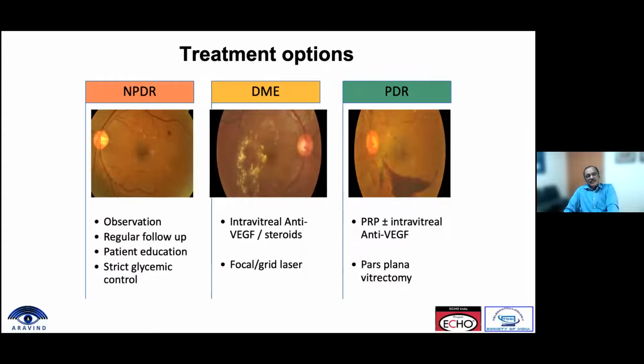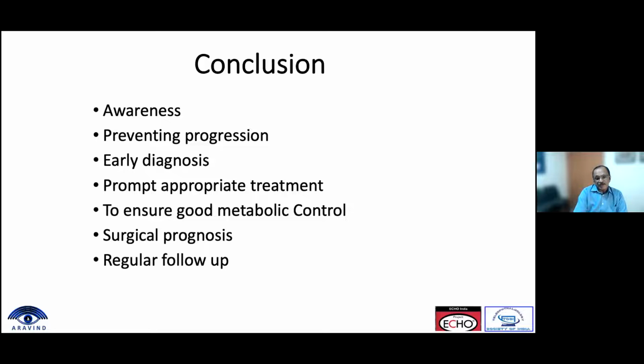Just to summarize, there are various treatment options for proliferative diabetic retinopathy. It's pan-retinal photocoagulation, and occasionally we can add intravitreal anti-VEGF to this. Once it reaches the surgical indication, pars plana vitrectomy is the choice for these patients. So it's important to be aware of this and to prevent any progression from early stages to late stages.